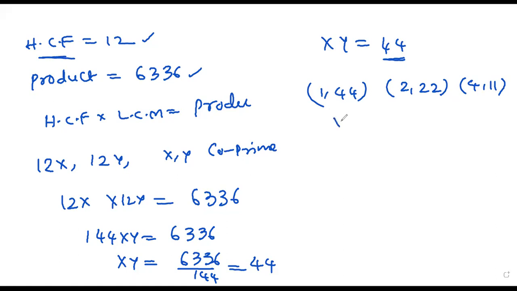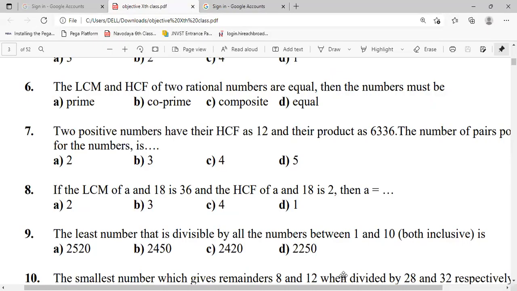These pairs are only for x, y, not our numbers. I already said x, y are co-prime numbers, but here 2 and 22 are not co-prime, so this pair we have to exclude. So how many pairs in total did we get? Only 1 and 44, and 4 and 11. So our answer is two pairs will exist. Next, the eighth question. What is the eighth question?